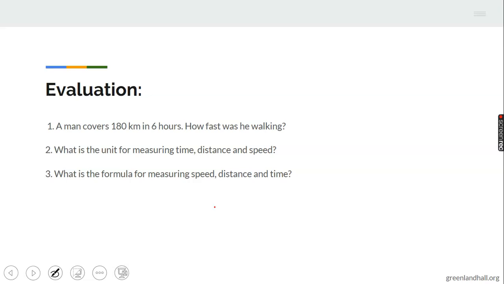Is it time? "How fast" tells us about speed. So you're looking for speed.